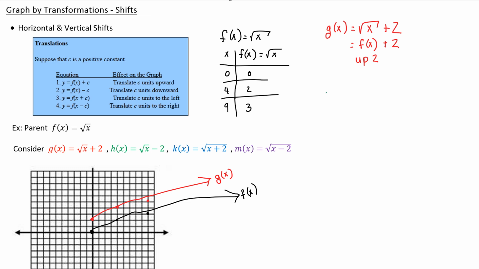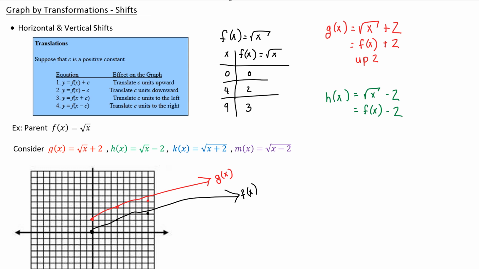We have h of x, but notice again we have the square root of x, but this time we are subtracting 2 from that whole square root of x. The square root of x again is our f of x, and we're subtracting 2 from it. So we're subtracting 2 from the y values.